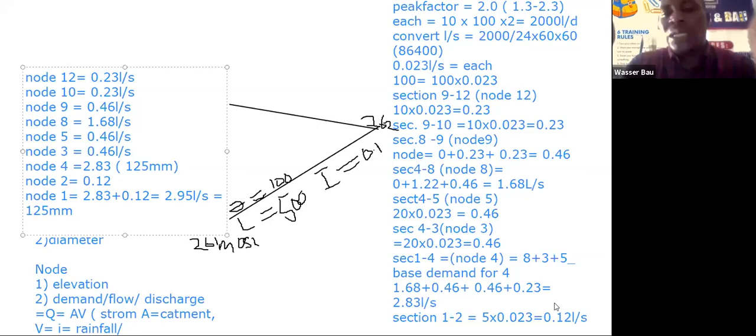Anything less than that, you can't use this chart. But the code also says that if you have something less than 1, you can assume the value for 1, only that the size will be too big. But then the discharge of the flow is also too small. And that is why it's only in service pipes that you see those kinds of small discharge. These big pipes that run along our streets are usually main pipes. They are in the range of 1 liter, 2 liters. Some can even get up to 20 liters per second.